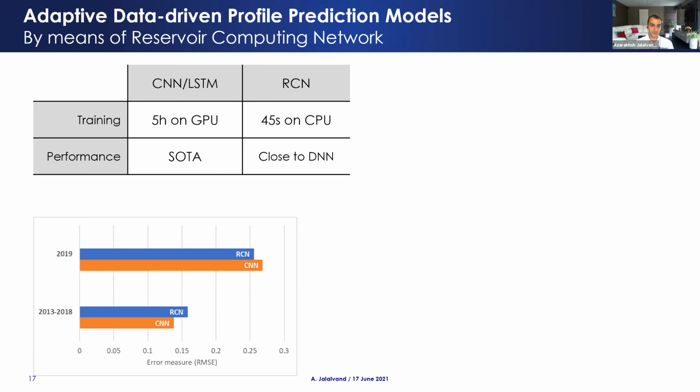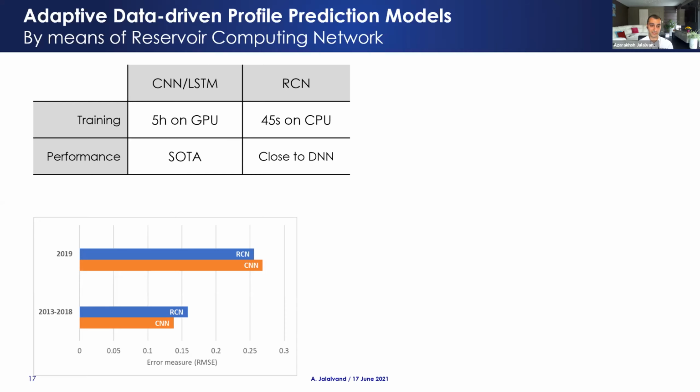So it took only 45 seconds. And how did it work? First of all, the first look says that RCN is very similar to CNN. It performs a little bit worse on the seen data set, and it performs a little bit better on the new data set, which has not been seen before.